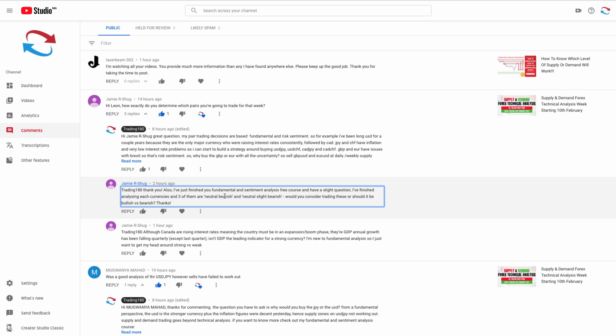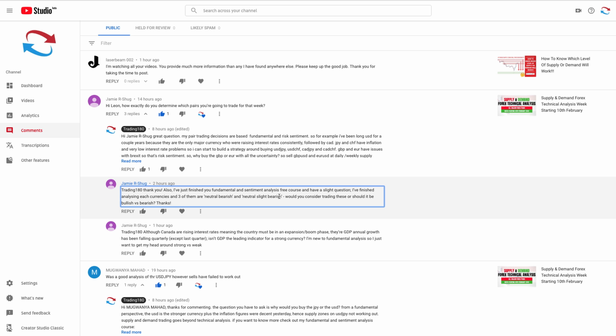To answer the question, yes, I would trade neutral versus neutral, bullish versus bullish, bearish versus bearish. But again, it just depends on what edge I have when I'm trading those two currencies. Is there a disadvantage or an advantage that two neutral bearish or two neutral slight bearish currencies have?